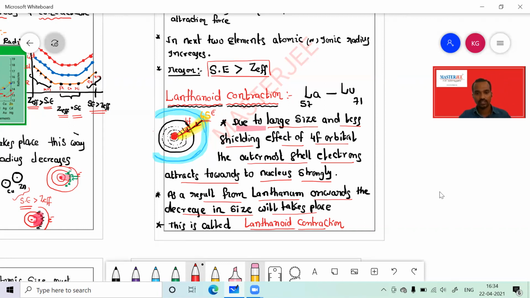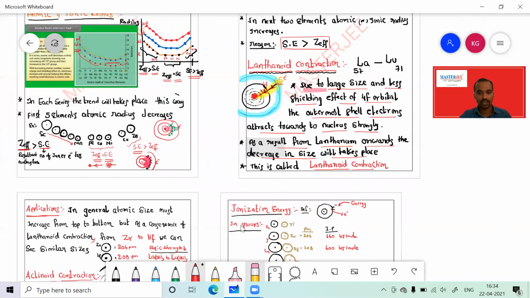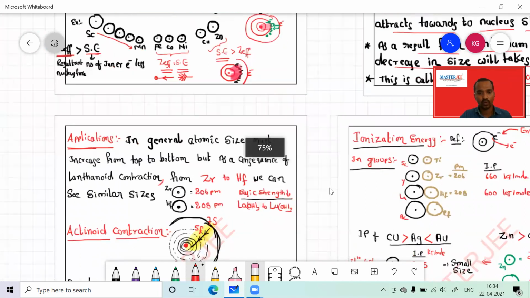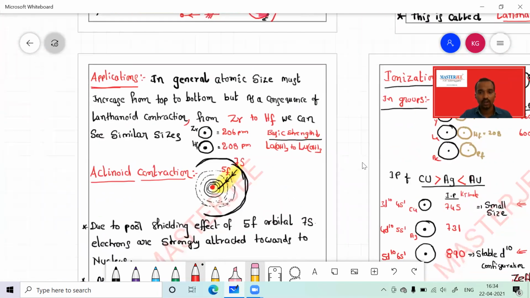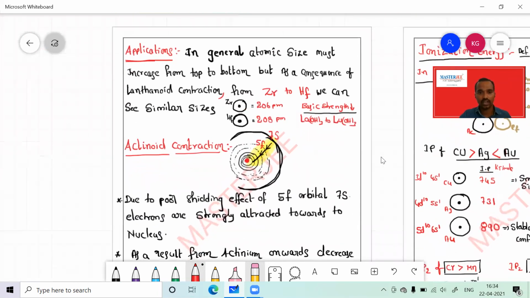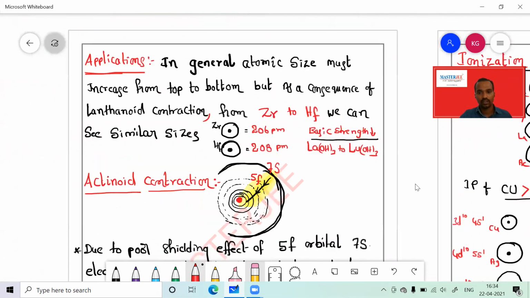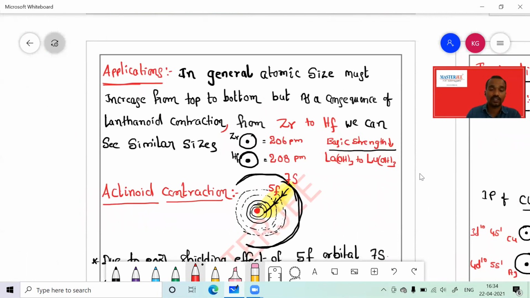Next, here only we'll discuss what actinide contraction is also. That also I'll explain. But first, before going to actinide contraction, we'll discuss the consequences of this lanthanoid contraction. Generally, atomic radius increases from top to bottom.